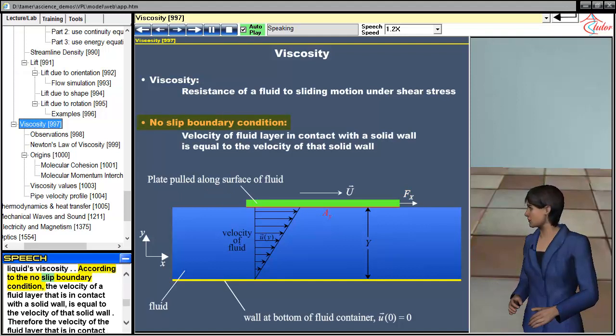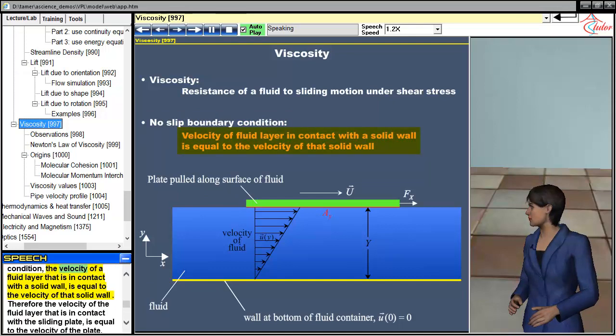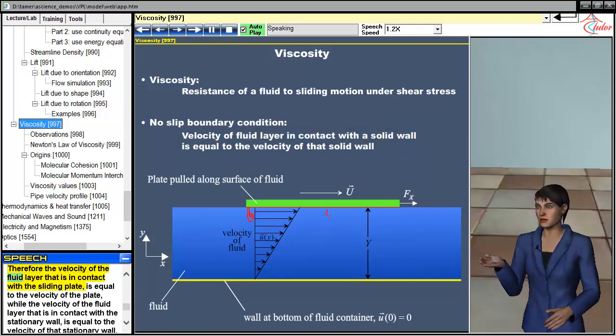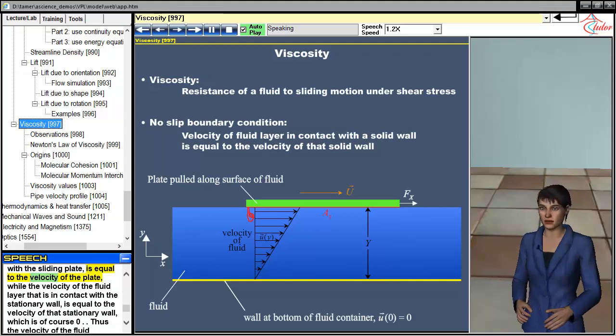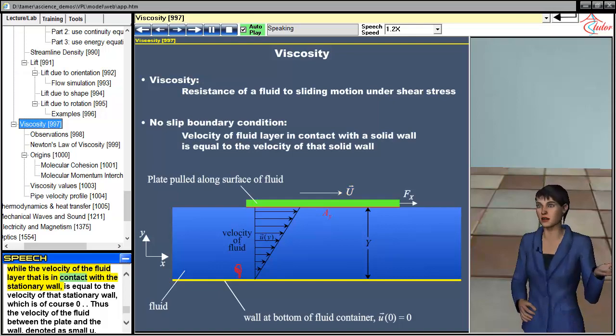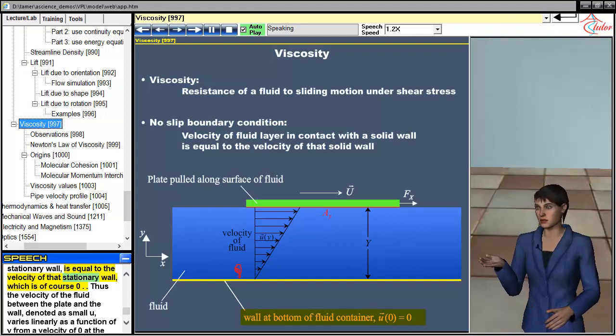According to the no-slip boundary condition, the velocity of a fluid layer that is in contact with a solid wall is equal to the velocity of that solid wall. Therefore, the velocity of the fluid layer that is in contact with the sliding plate is equal to the velocity of the plate, while the velocity of the fluid layer that is in contact with the stationary wall is equal to the velocity of that stationary wall, which is of course zero.